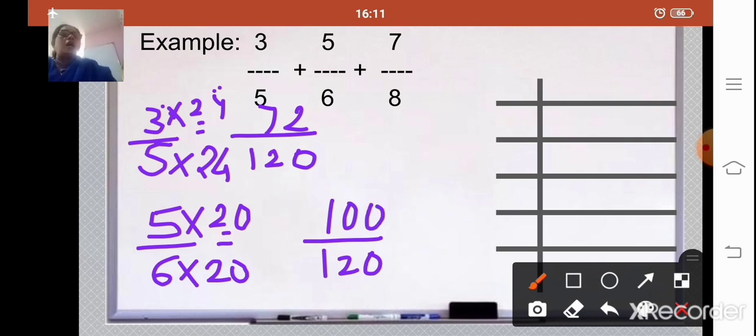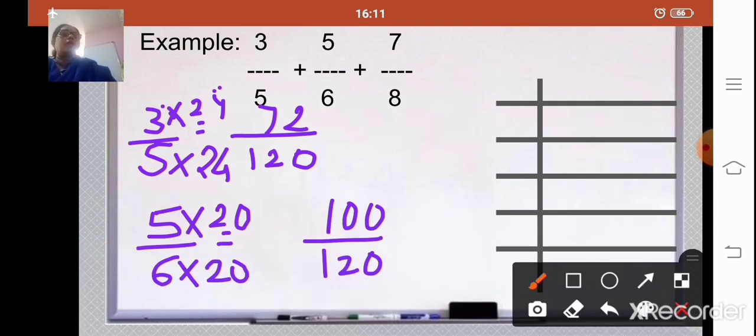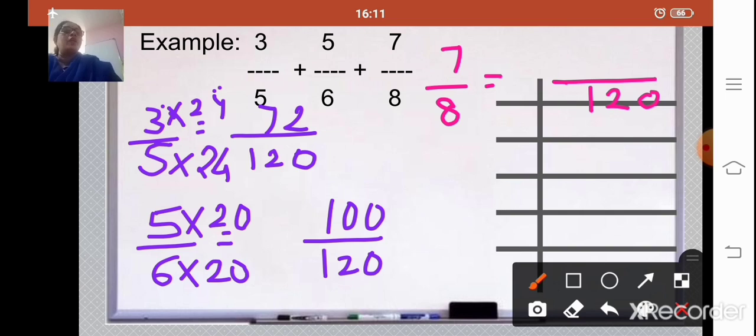Okay. Same way, taking the third fraction, that is 7 upon 8 is equal to dash upon 120. Now 8 multiplied by which number will give you 120? Yes, 15.